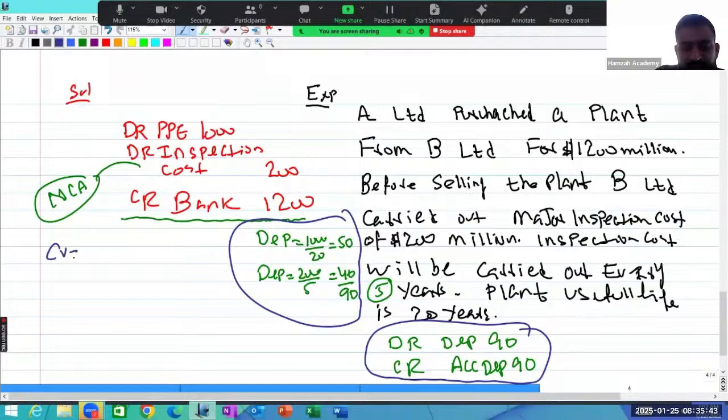And the carrying value of the plant will now be 1200.